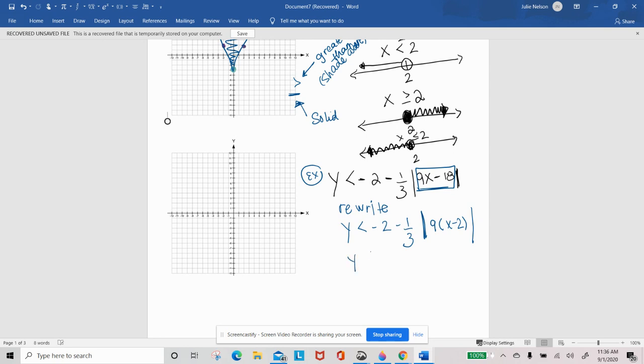Now remember that I want to factor out that. So this is the absolute value of 9 and the absolute value of x minus 2. Well, the absolute value of 9 is 9.